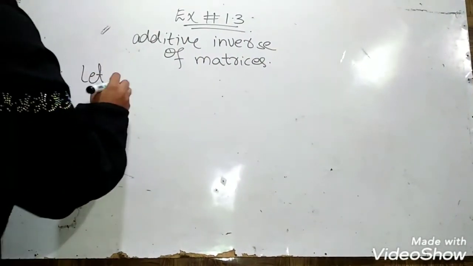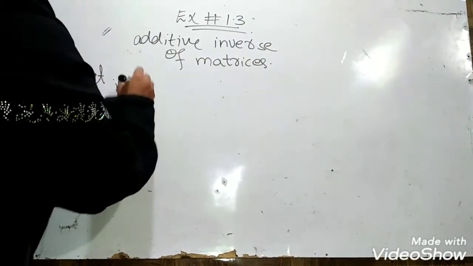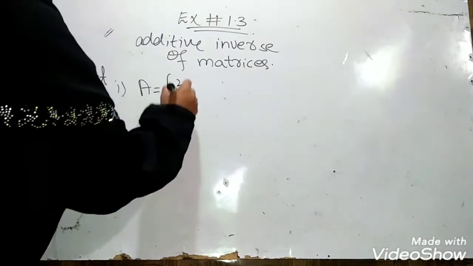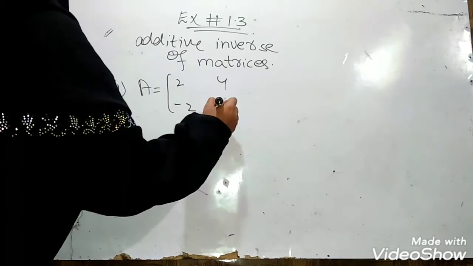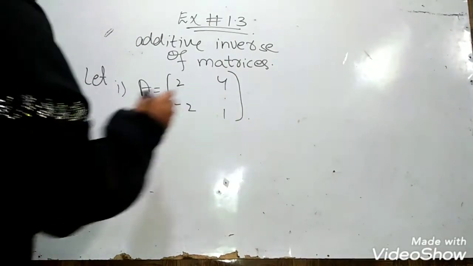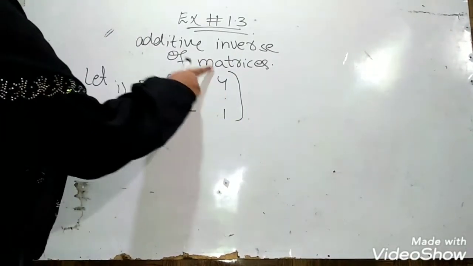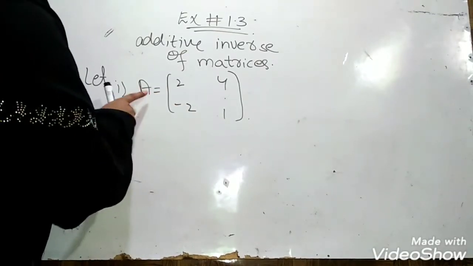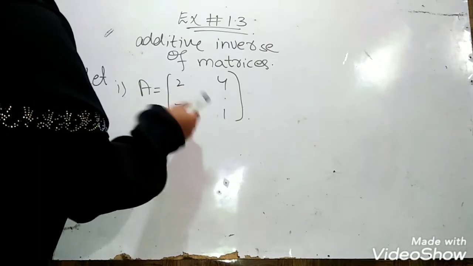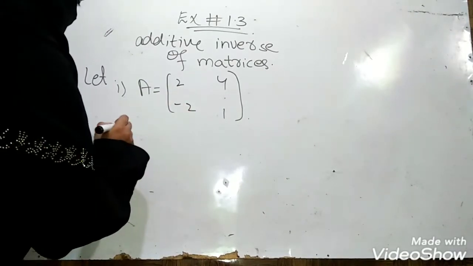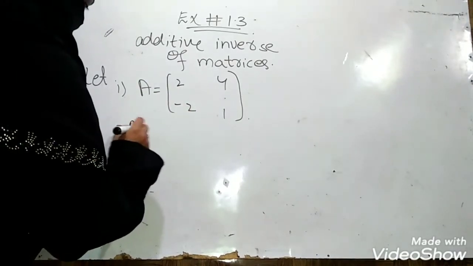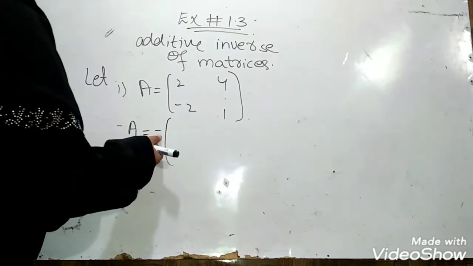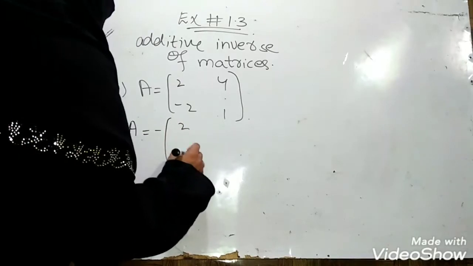Let we have a matrix A having entries 2, -2, 4 and 1. In order to find the additive inverse of this matrix, we can change all signs of matrix A and it will become -A, which means minus of this matrix.